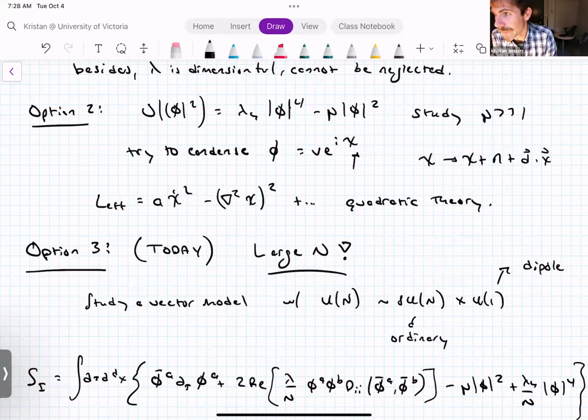It's small. This is a weakly coupled theory. And the classical equation of motion for sigma gives an excellent approximation to things like the free energy of the system, allows you to find the phase diagram and so on. And then all of the 1 over n corrections are really quantum corrections in this theory. So you develop a new effective description in terms of sigma that's weakly coupled at large n.